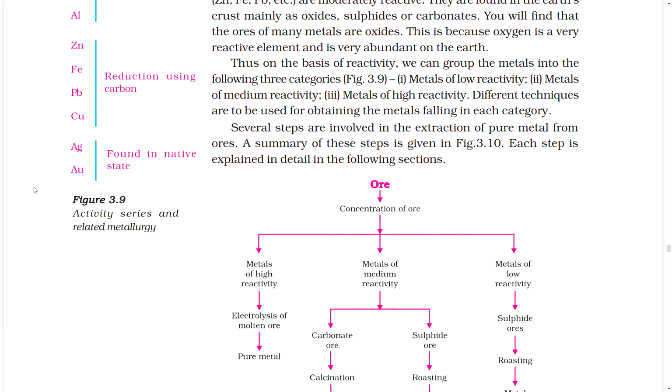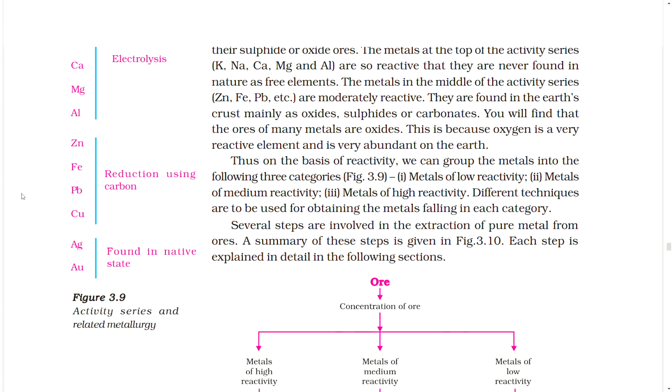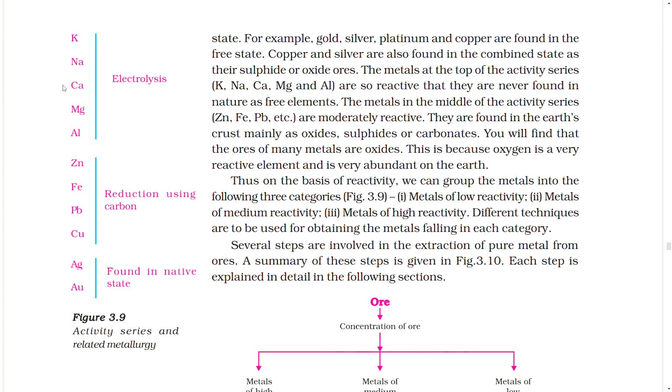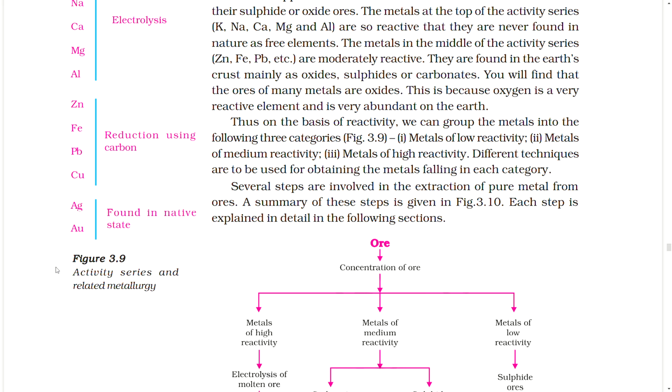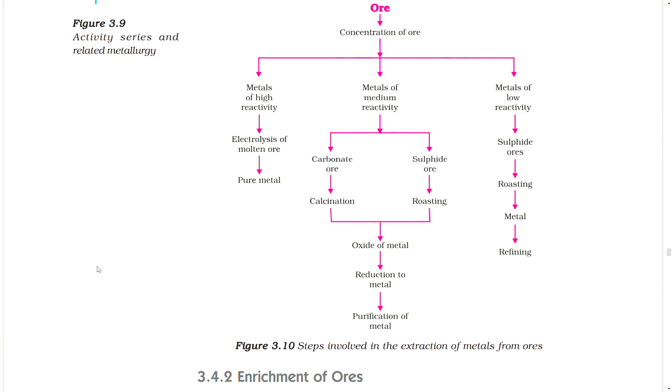Figure: activity series and related metallurgy. K, Na, Ca, Mg, Al: electrolysis. Zn, Fe, Pb, Cu: reduction using carbon. Ag, Au: found in native state. Figure: steps involved in the extraction of metals from ores.